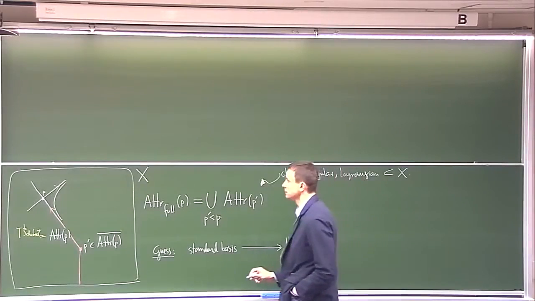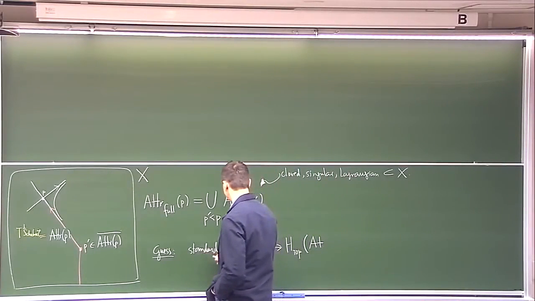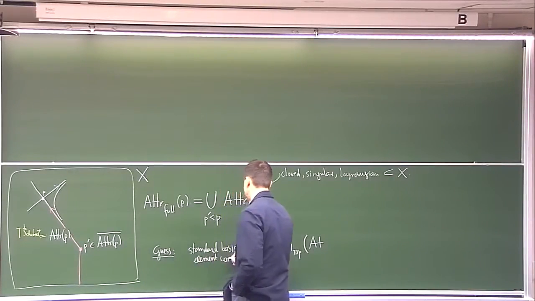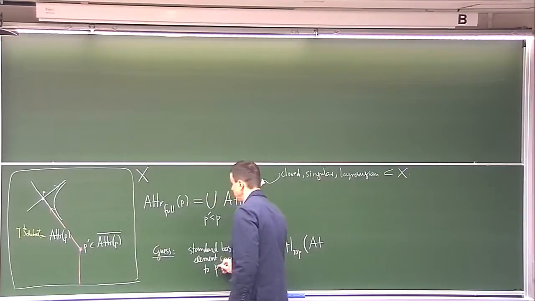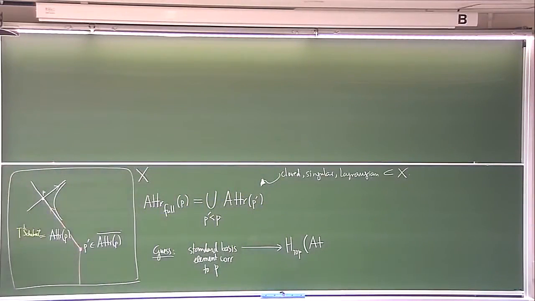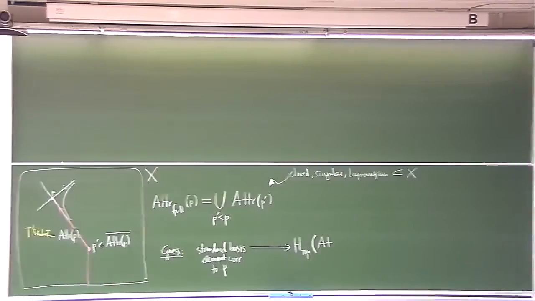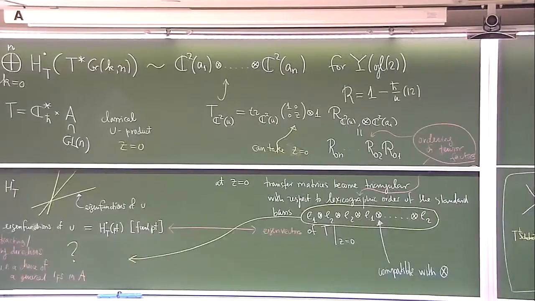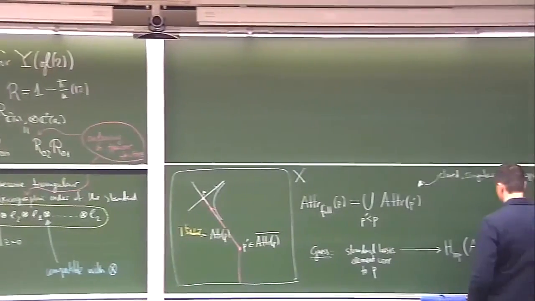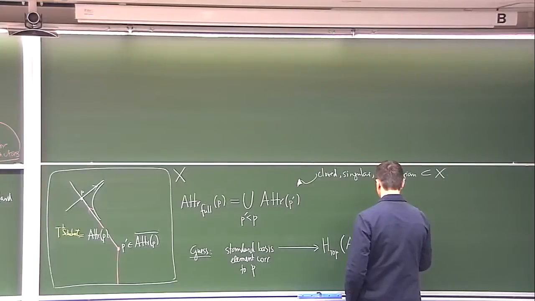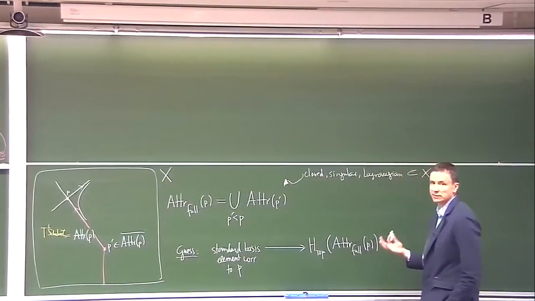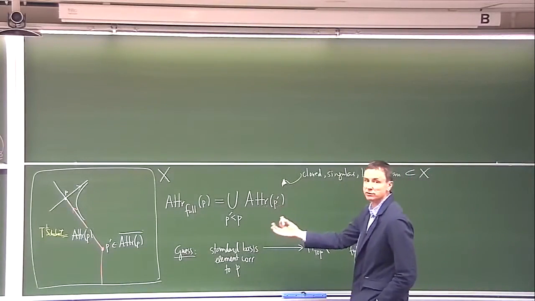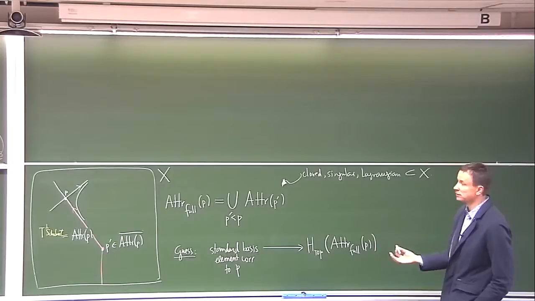So the standard basis element corresponding to this point P. These basis vectors are in bijection with fixed points, and so this corresponds to some element in the full attracting set. In fact, it represents a Z-linear combination of Lagrangian submanifolds, a Z-linear combination of components.